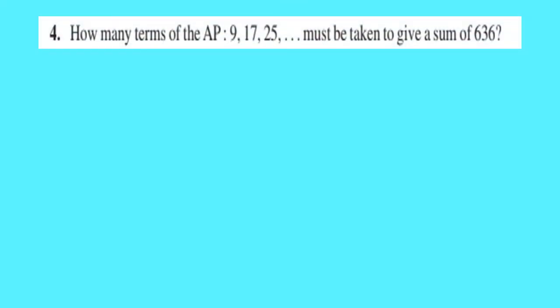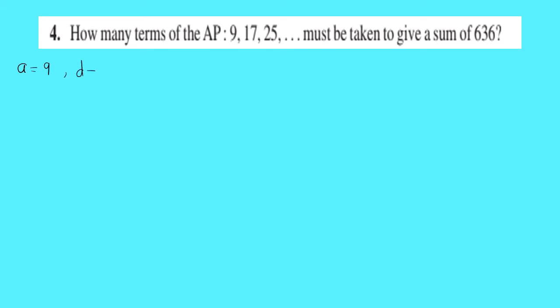Question number 4. How many terms of the AP 9, 17, 25 must be taken to give a sum of 636? Here AP is given and the sum of terms is given as 636 and you have to find the number of terms. From the AP given, you can write a, that is the first term, 9.